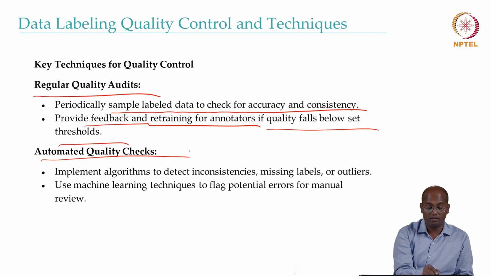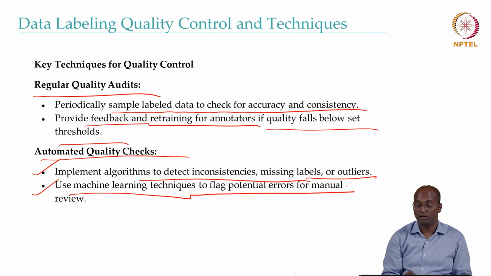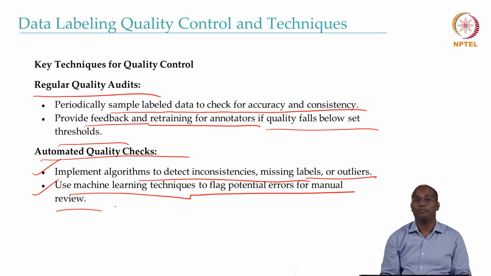Similarly, automated quality checks. So you can implement algorithms to detect inconsistencies or probably missing labels or outliers. So you can also use machine learning methods to flag some potential errors for manual review and so on. Because often when you're dealing with big data, it's not possible for you to manually verify all the data samples that you have or annotation which are being done.